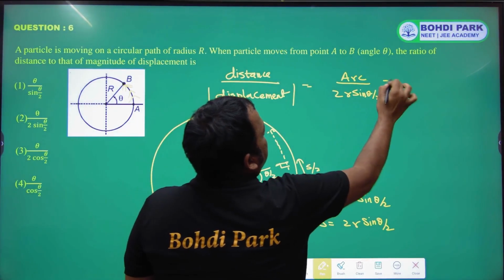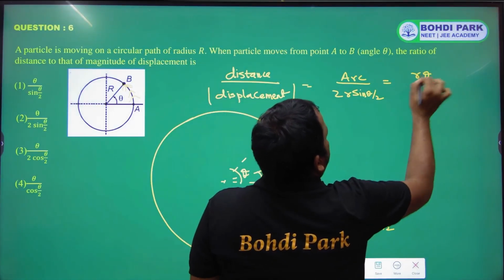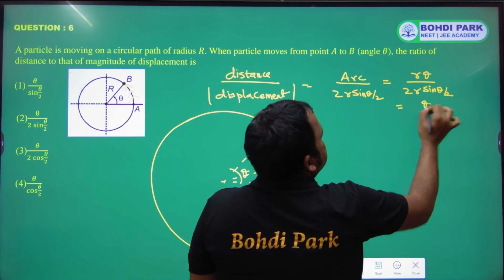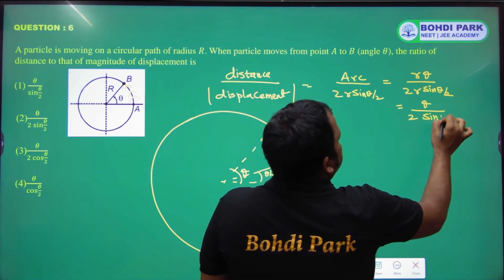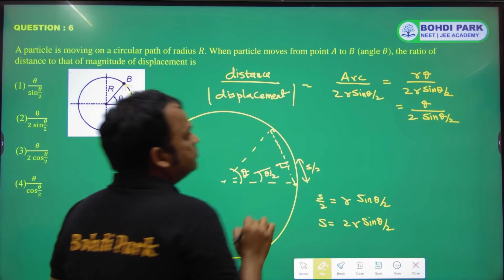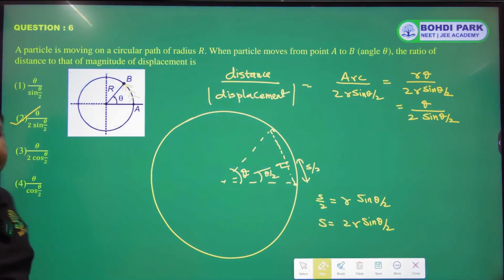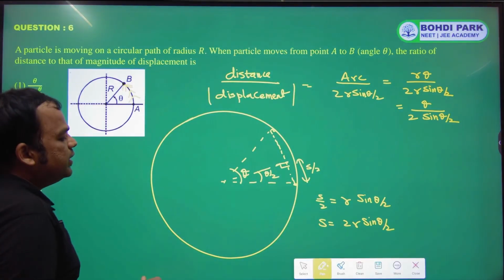And the length of arc is equal to r theta. So r cancels. So theta by 2 sin theta by 2. So second option. Now done. Now next question.